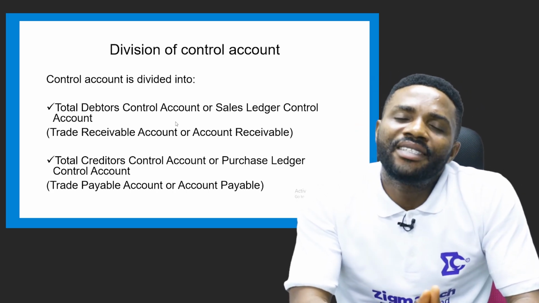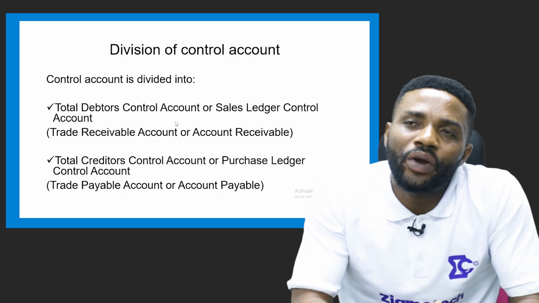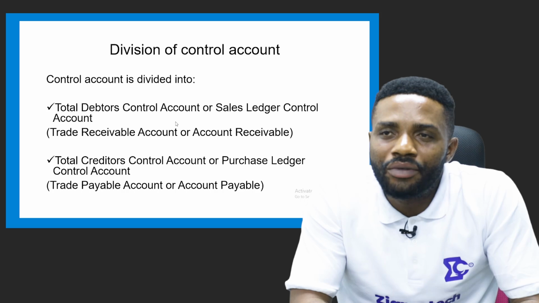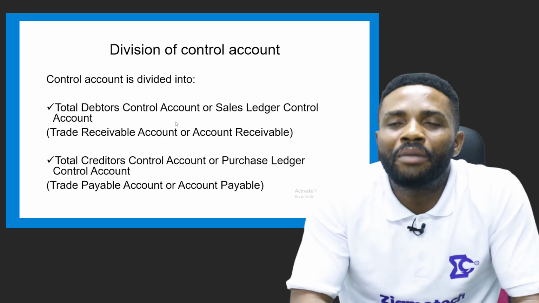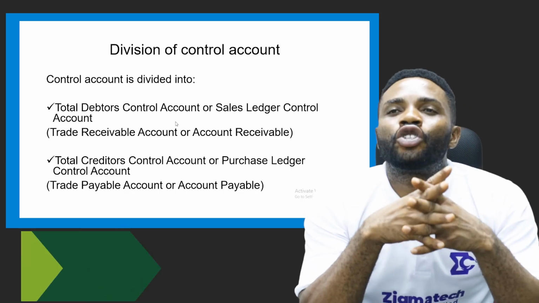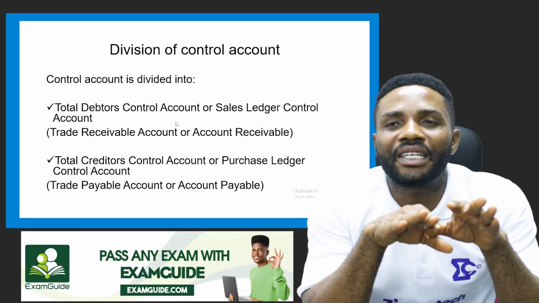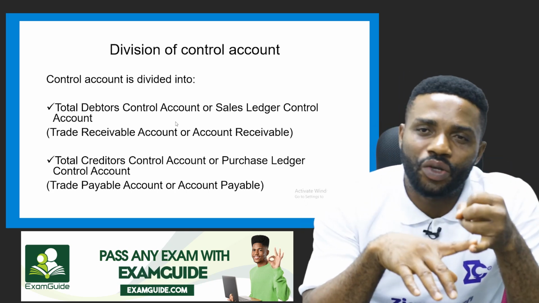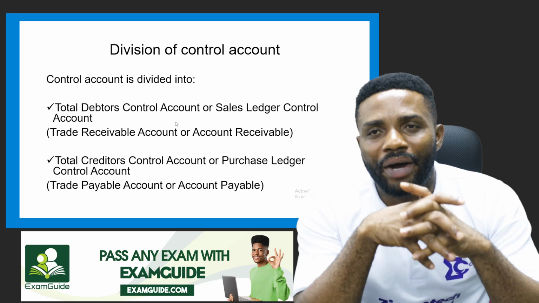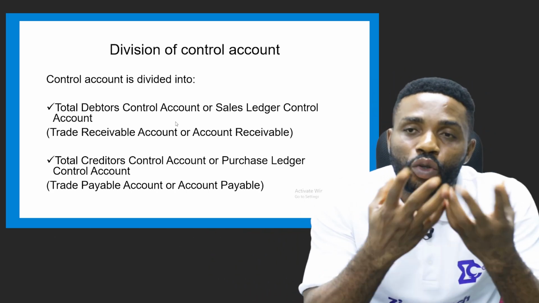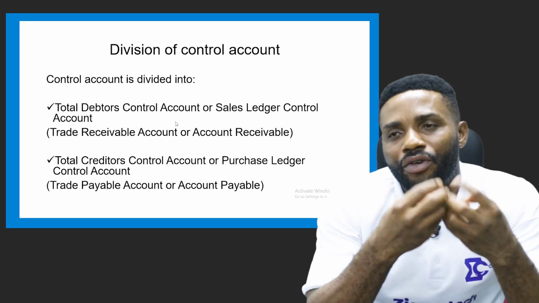Now, when I say that control account is divided into debtors control account and creditors control account, what I'm trying to say is that the control account as an account is basically on two different types of transaction. Number one, the type of transaction where customers come to the business to buy on credit without making payment. And number two, when the business goes to the market to buy on credit.